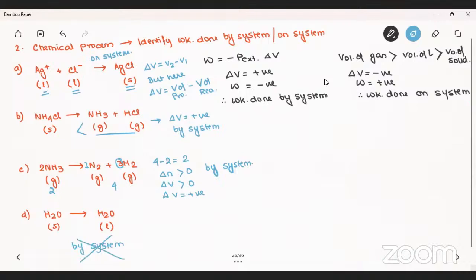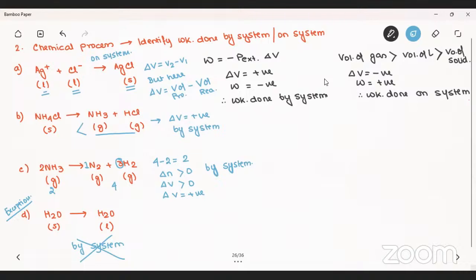Can anyone explain why it is wrong? This is an exception.